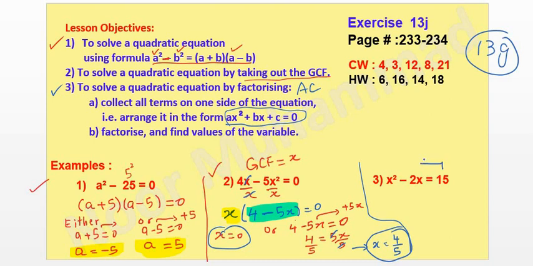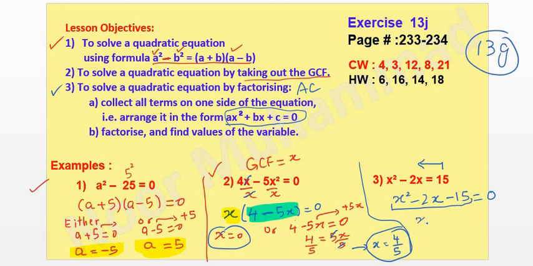So what will you do? You will move this 15 to the other side. If you look at the third example, it's not in the standard form. So first you will move this 15 to the other side to get the standard form of the quadratic equation. So this is positive 15 here. So on this side, it will become negative 15, and here it will be 0. I will explain it in detail when I will be solving the questions from the exercise.